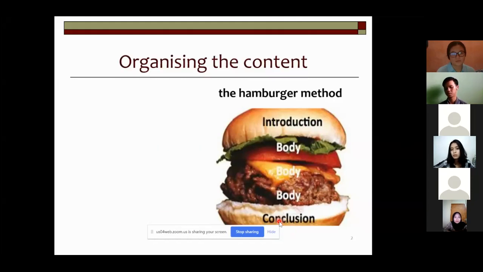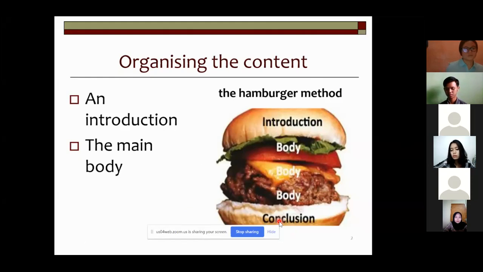So when organizing the content of your presentation, we use the hamburger method, with the introduction, the main body, and the conclusion.